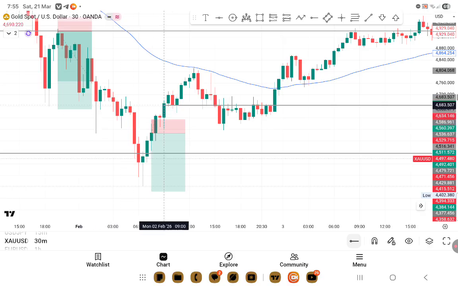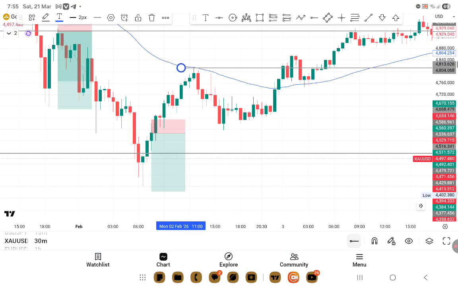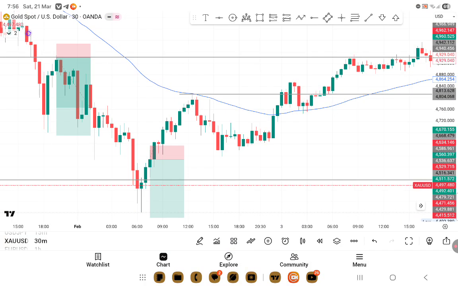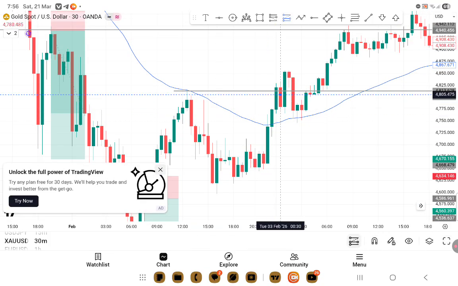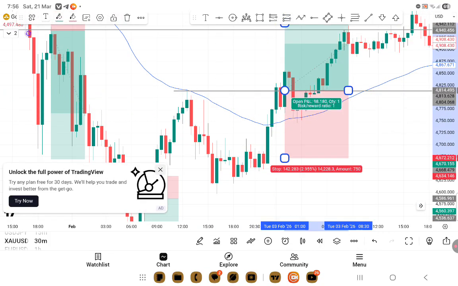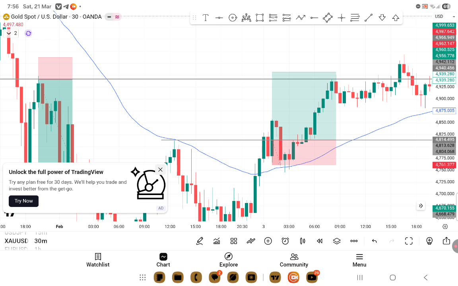We start looking for buy opportunities. This close, that's almost in a body. But in a wick, but let's accept the fact that we took this trade and we had a loss. Why? Because this is where the body ends, so we had a loss in this one.